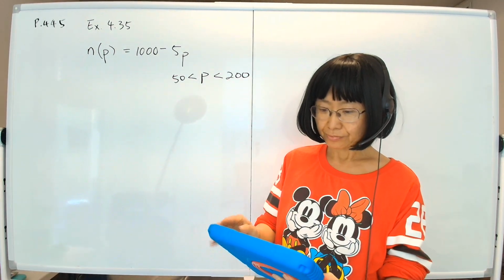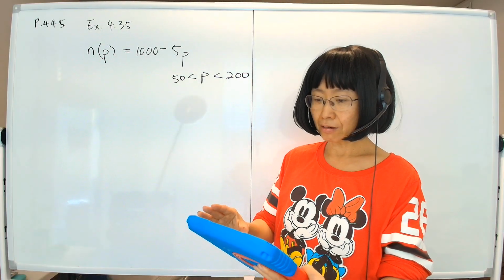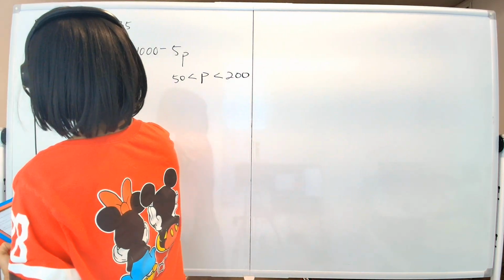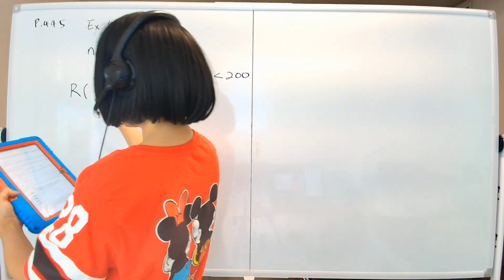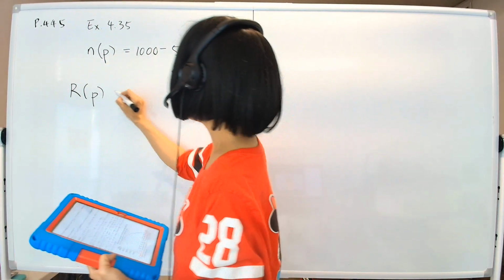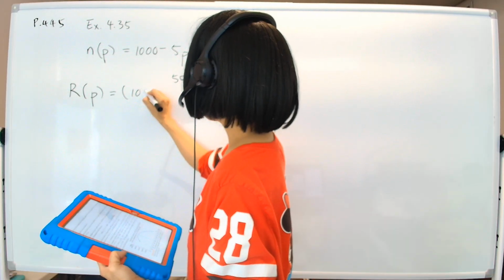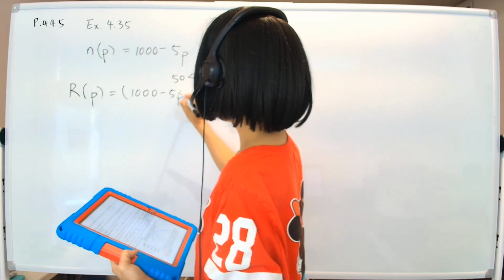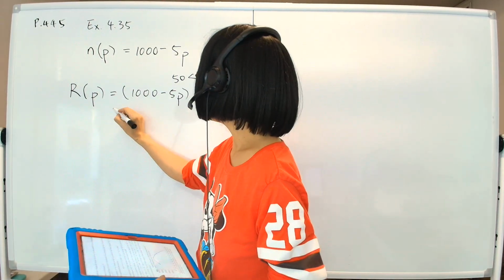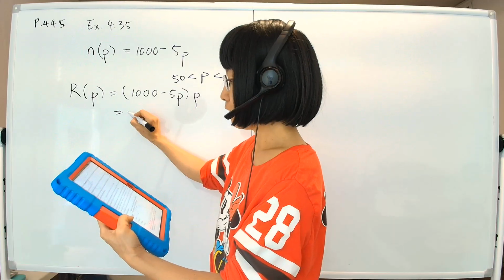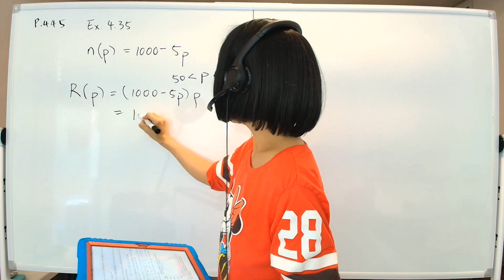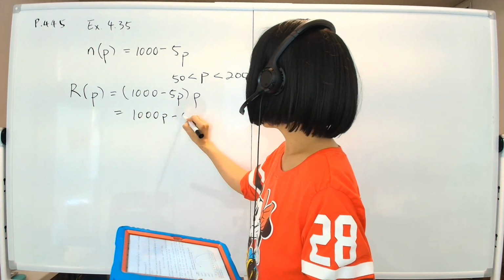So let's consider this. The revenue, which we will call R, in terms of p, is equal to the number of cars times the price itself, which means it equals 1,000 minus 5p, that's the number of cars, times p. That's a fairly straightforward equation: 1000p minus 5p squared.